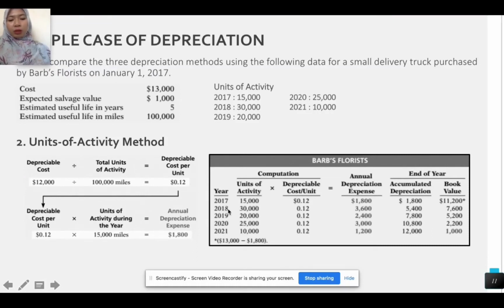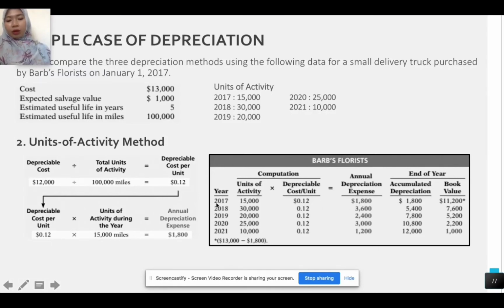For 2018 it is 20,000 miles, and so on. So the total. Next, depreciable cost per unit, we have calculated it: $0.12. So annual depreciation expense will not be the same each year.